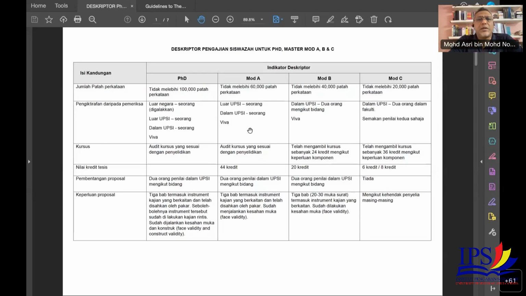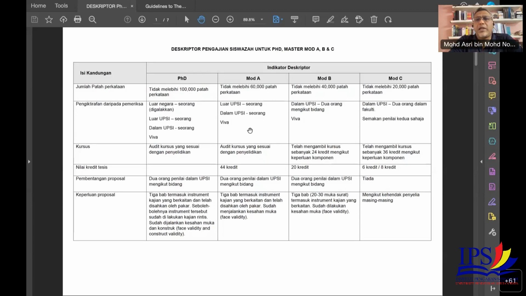And usually, what we have done so far for the project paper, I think we have a system where we differentiate in terms of the percentage of marks that can be given by the examiner and the supervisor.